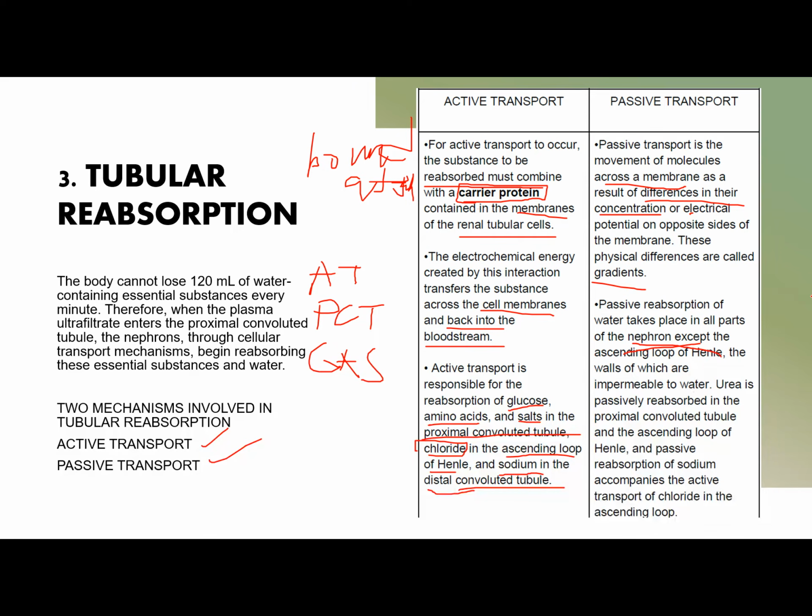Then urea is passively absorbed in the PCT and the ascending loop of Henle. And the passive reabsorption of sodium naman, class, would occur also in the ascending loop of Henle. So, pakitandaan.